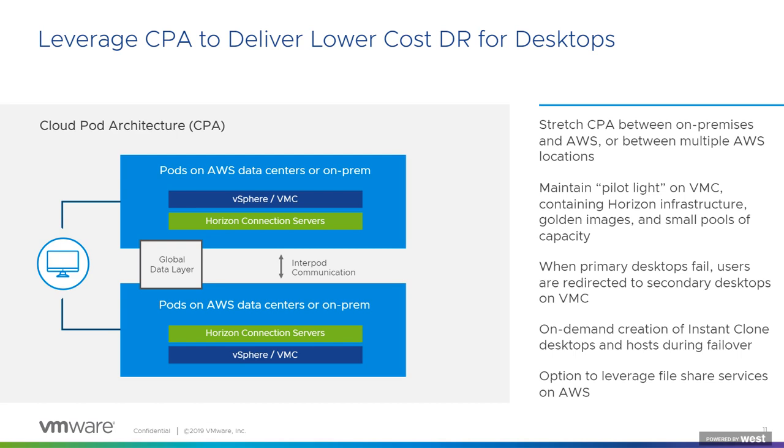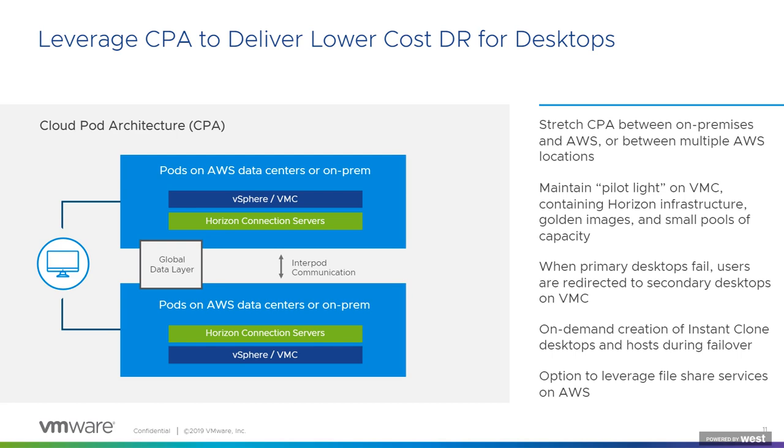And then, of course, whenever you think about VDI, one of the key aspects to consider in the design is file share, or user data. Where are you going to store the user data? Now, of course, for a lot of customers, the user data does not need to be available in the event of a disaster, right? Because it's an extreme, unusual circumstance, and some customers are okay with their users not having access to their user profile or user data.